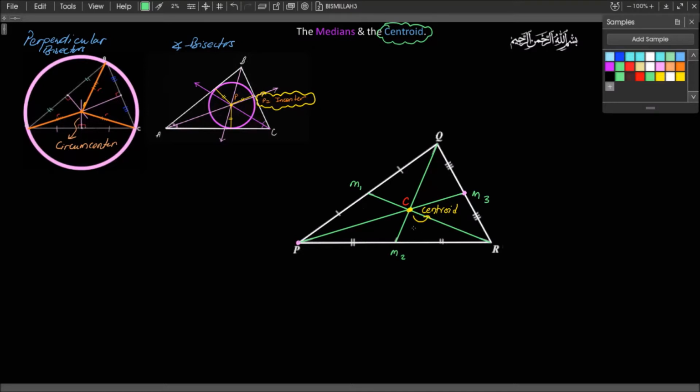So if this again was X, this would be 2X. So this segment right here from Q to C will be 2 times as big as from C to M2. Another way of saying the same thing is that the centroid is 2/3 the distance from the vertex to the midpoint, and this is 1/3, because altogether they make one whole, right?